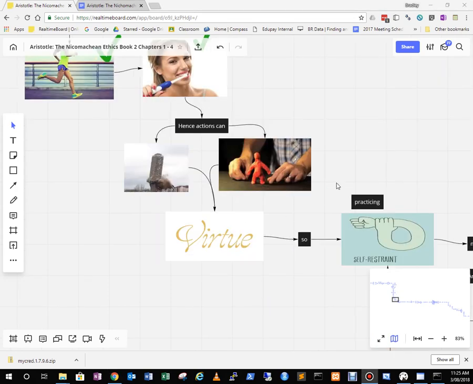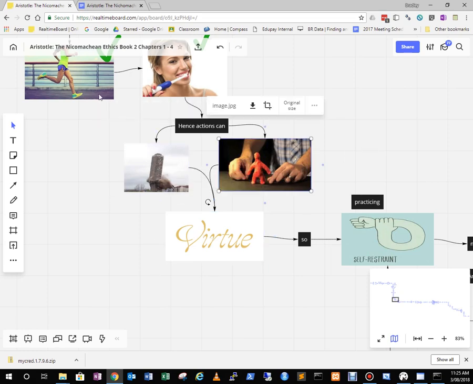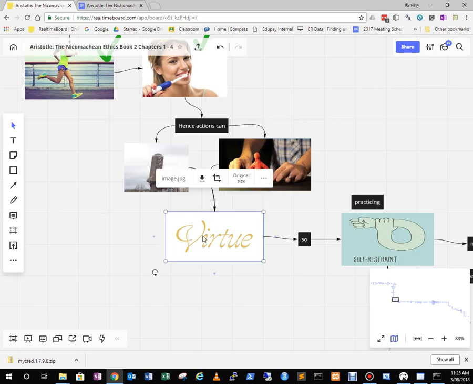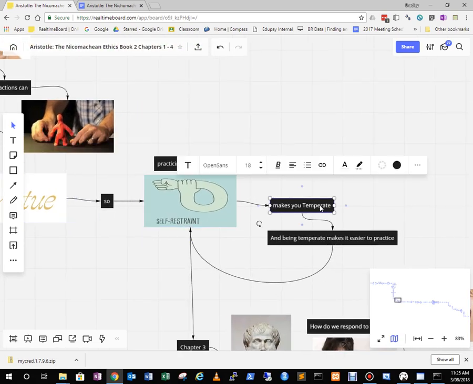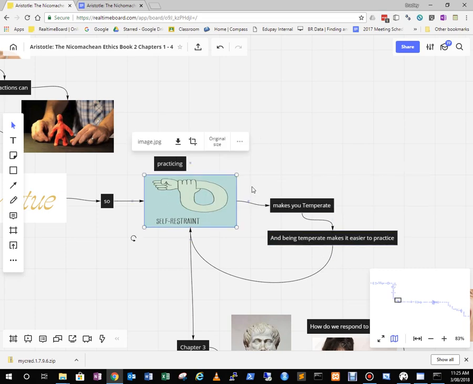So this means that our actions can shape our virtue, or they can destroy it. Obviously, the vices would destroy it, and cultivating behaviors and habits that relate to the golden means between those vices would encourage the development of virtue. So, for instance, practicing self-restraint would make you a temperate person, and being more temperate makes it easier to practice self-restraint, because a virtuous man is able to more easily engage in acts of virtue.